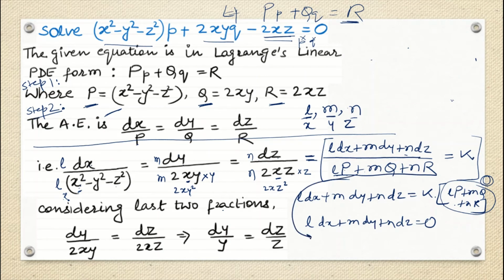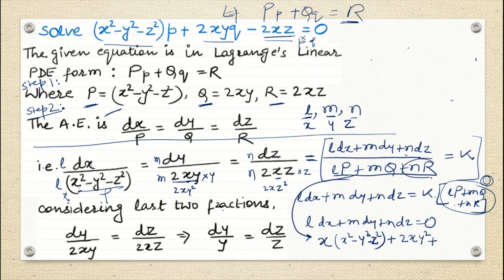It will be my x into P. P is x square minus y square minus z square, because this is my P. So what will be my M into Q? M, I have said, is y. So M into Q, Q is 2xy, so it will be 2xy square, fine, plus N into R.